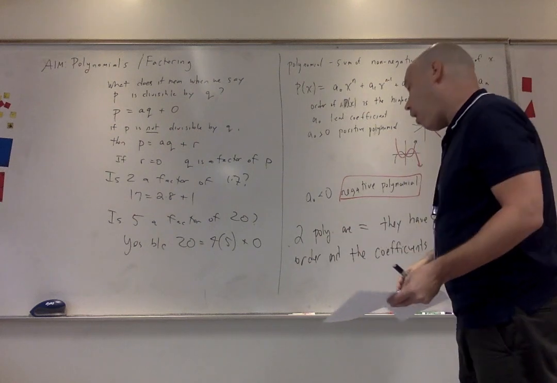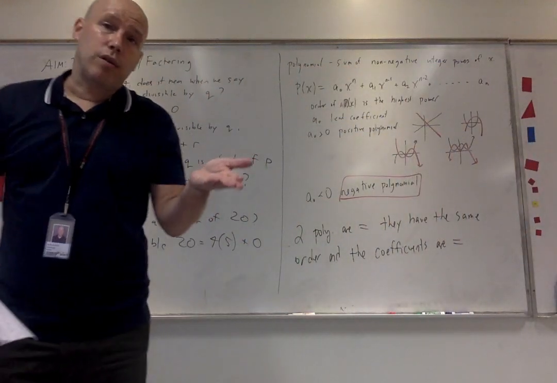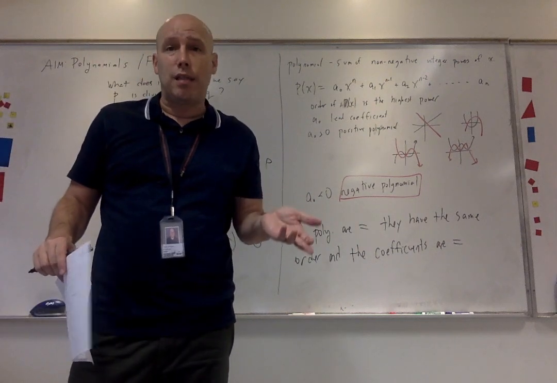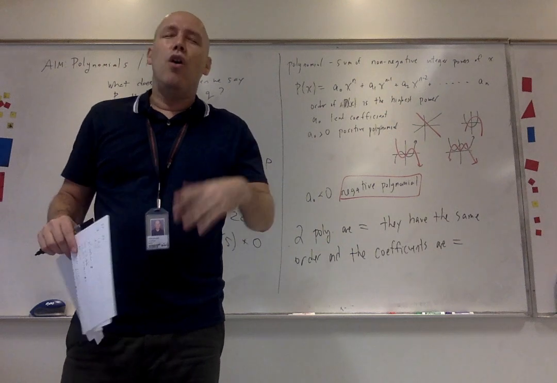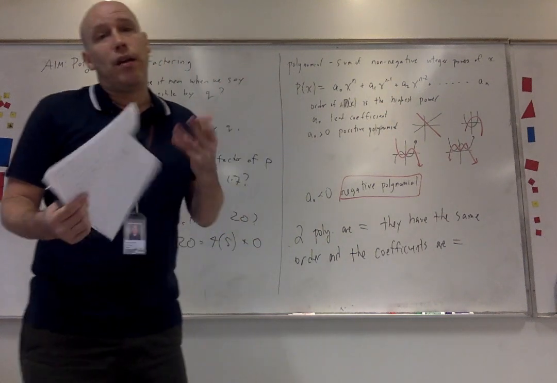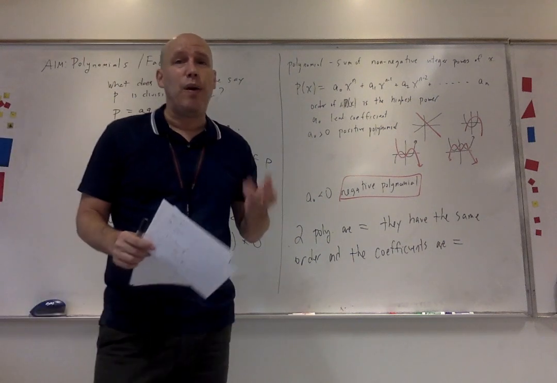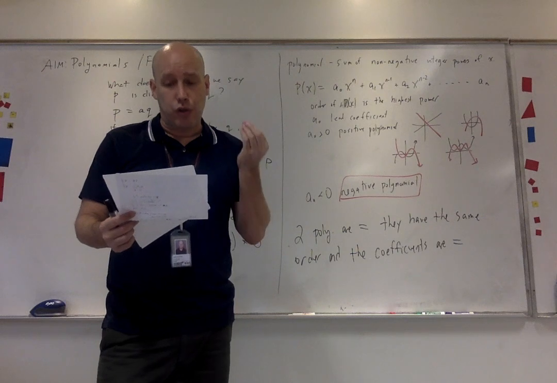Who cares? Well, you want to find your zeros. You did this last year with linears. You set the equation equal to 0, and it was easy. To find the zeros of quadratics, you need to factor, and you got really good at it. The question is, can we factor polynomials of order greater than 2?